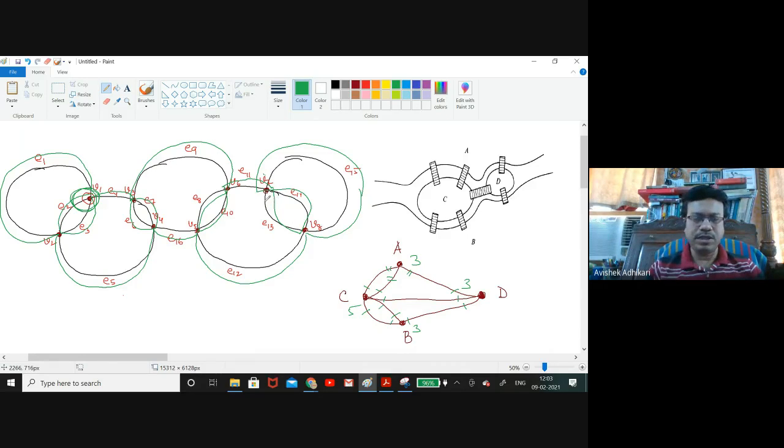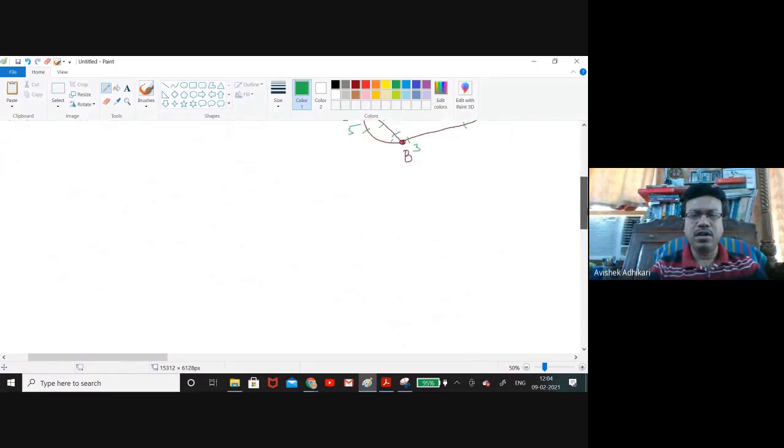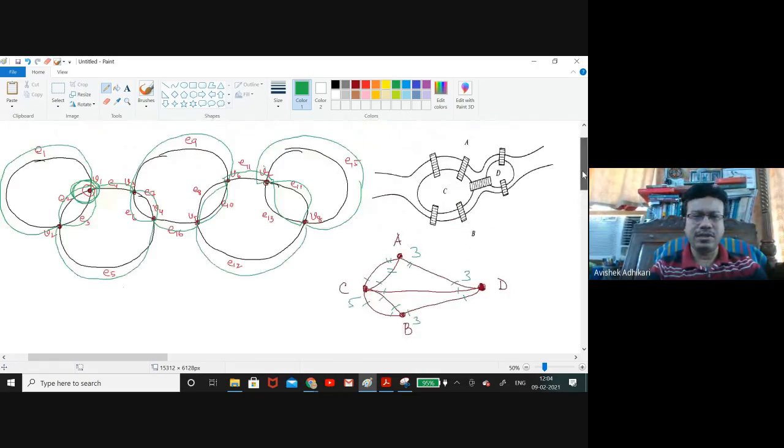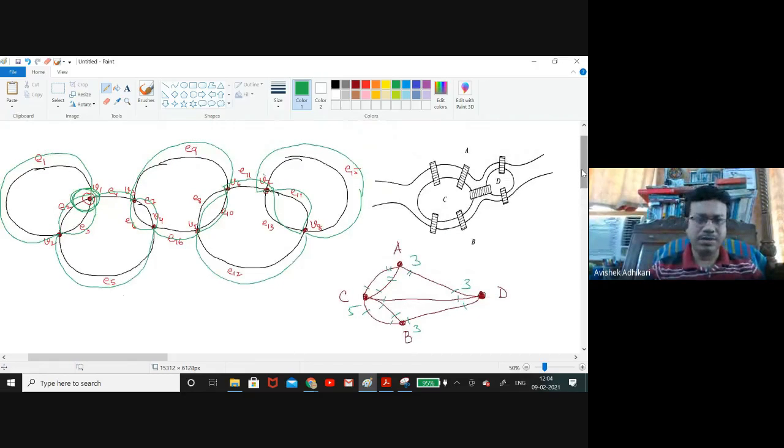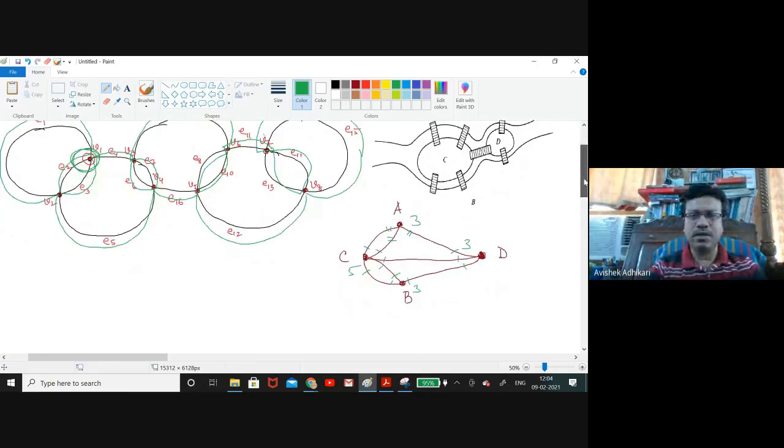So the natural question that comes to mind is, if the degree of each vertex in a connected graph is even, then can we really trace the whole path, all the edges, exactly once? And the answer was yes, and it was shown by Euler, and it's known as Euler's characterization.